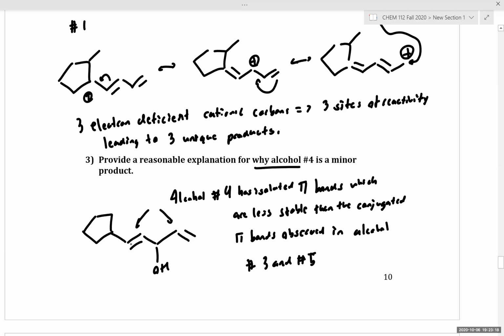So essentially the fact that these double bonds are isolated rather than conjugated leads to a higher energy structure, and under equilibrating conditions, it would be easy to go back to the cation and then generate a more thermodynamically or kinetically stable product.